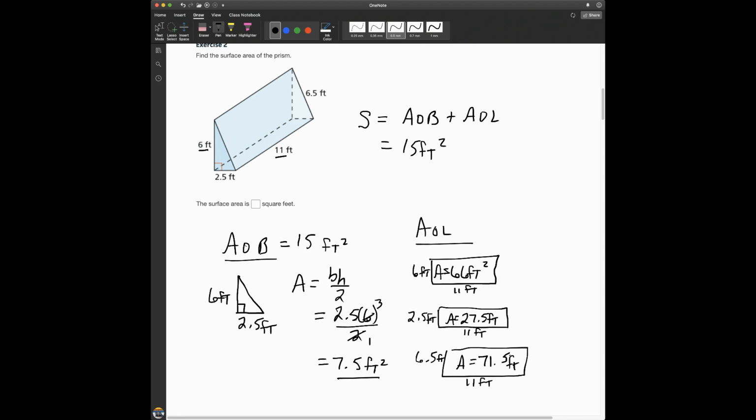So 71.5 plus 27.5 plus 66. So the area of the lateral faces is 165 feet squared. So I just add that to the area of the bases. So my surface area is 180 square feet. And I'm good.